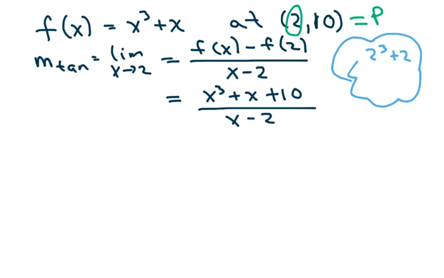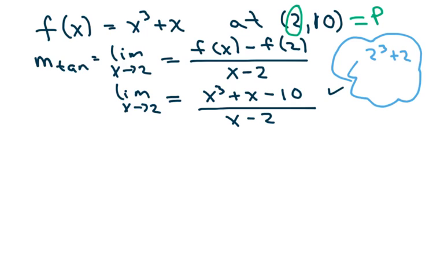Now here's where the problem comes. You can't factor the numerator here. So there's some tricks that you can do. Oh, this should be a minus 10, sorry. I knew you all saw that. Okay, minus 10. You still can't factor that.